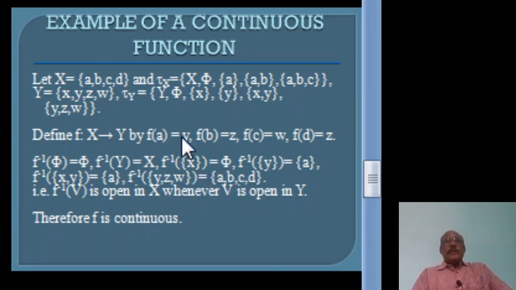There is no point in X whose image is X. Therefore, F inverse of X is the empty set, and the empty set is open in X.